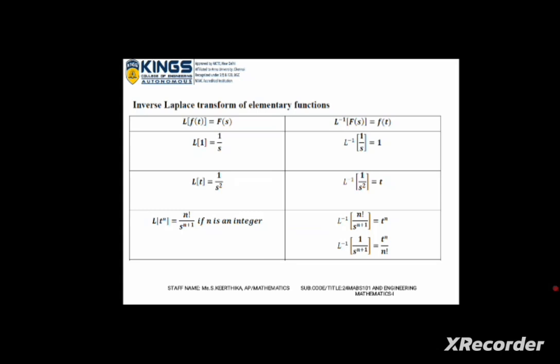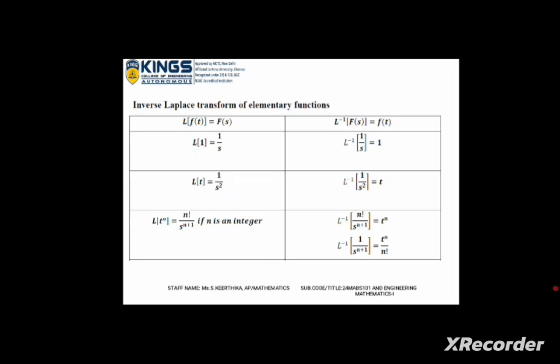Now the formulas of the inverse Laplace transform. The left side is the Laplace transform formula, and the right side is the inverse Laplace transform. For example, f of t in Laplace transform is going to be capital F of s. Likewise, capital F of s in inverse is going to be f of t.